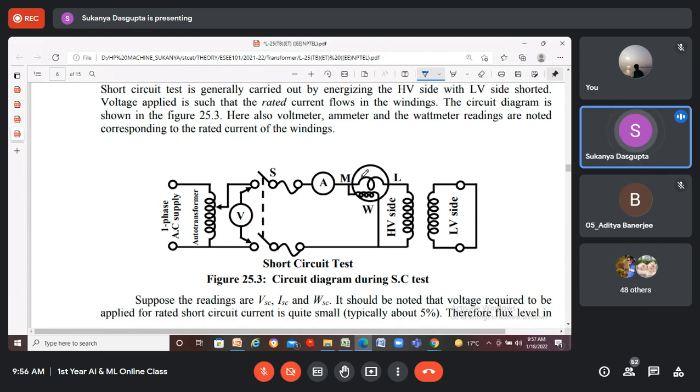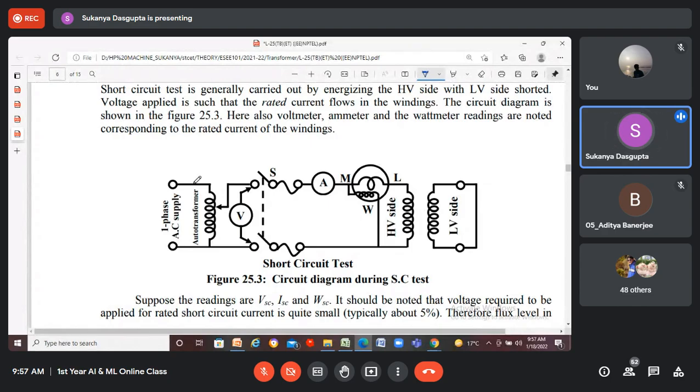right? Because this time, since we are supplying the rated voltage to the high voltage side winding, what will happen? A very, very small current will flow as the short circuit current, typically about 5%, right?